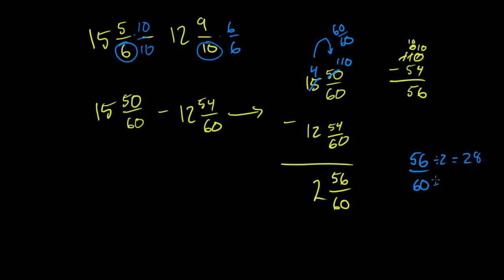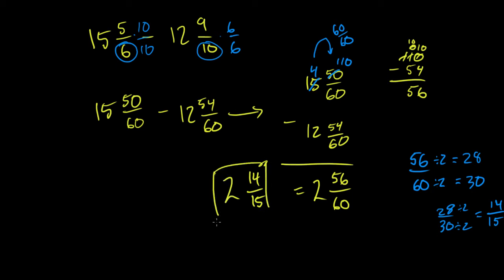And if I divide 60 by 2, I get 30. So this fraction would be equal to 28 30ths, which again is even on top and bottom. So I could divide these by 2. And that would give me 14 over 15. So I think the simplest form of this fraction is 14/15. So the answer should be 2 and 14/15.